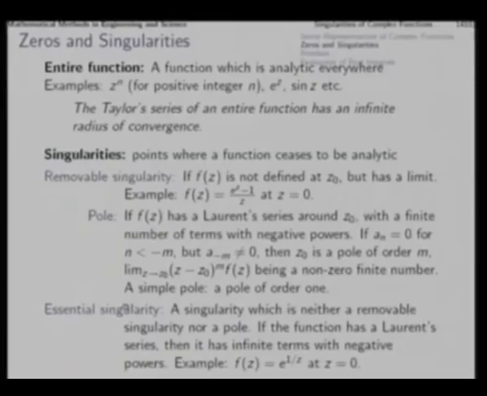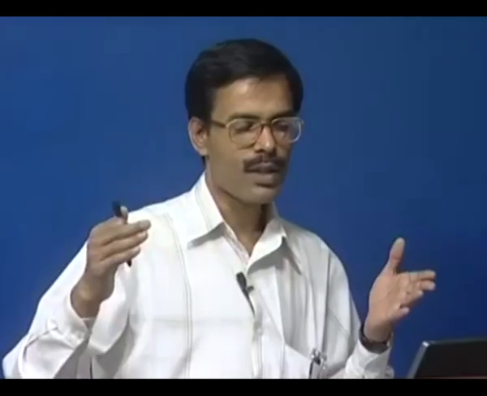Now, what is a pole? In the Laurent series of f(z), in principle you can have infinite terms in the positive powers of z minus z0, and then infinite terms in the negative powers, that is, (z minus z0) to the power minus 1, minus 2, minus 3.